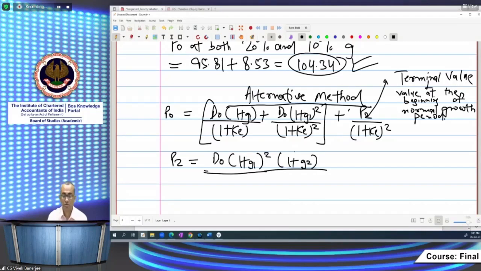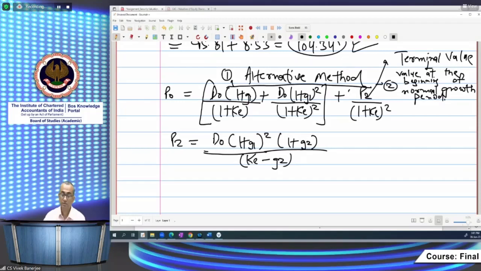G2 is the normal growth rate. And divided by KE minus G2, the normal growth rate. So first of all, let us calculate this first aspect, and then we will come to this second aspect.